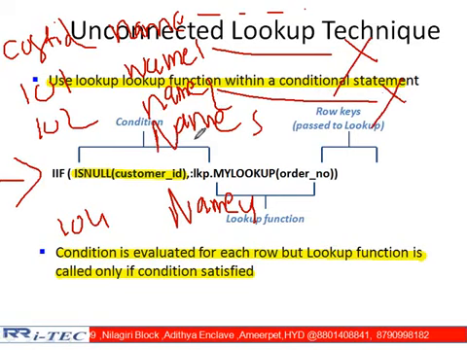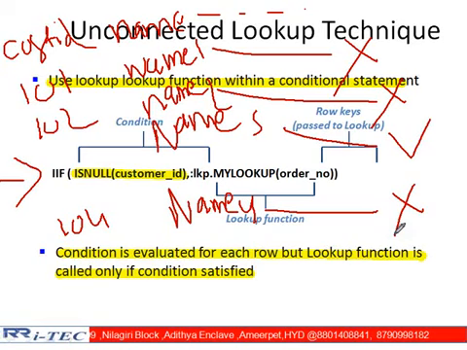Whenever I send the third one, it is null, so the lookup is called. In the fourth case also it is not going to call. That means even though I am giving four records as input, the lookup is called only one time.